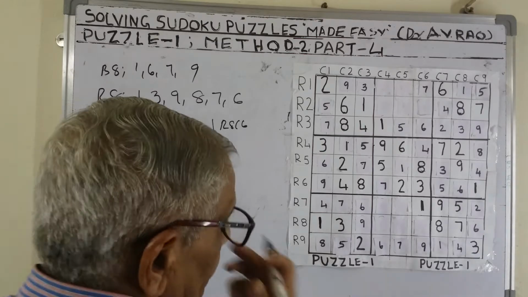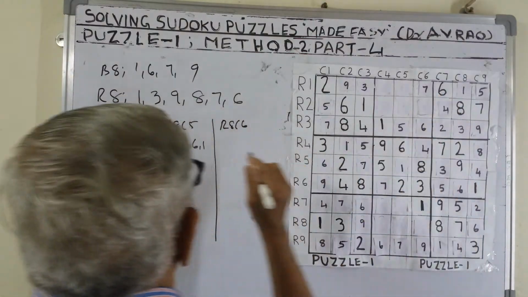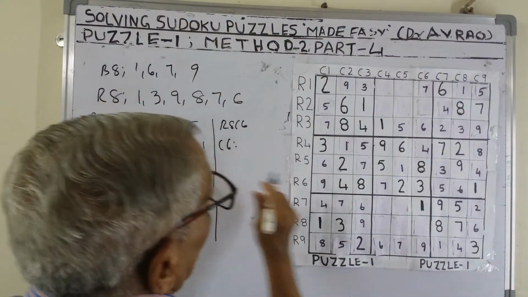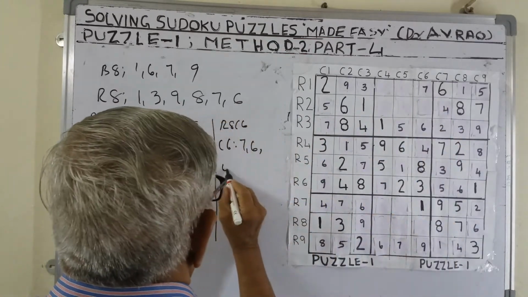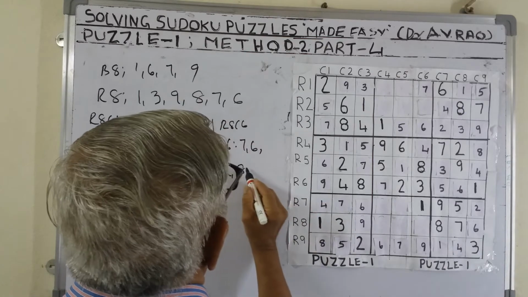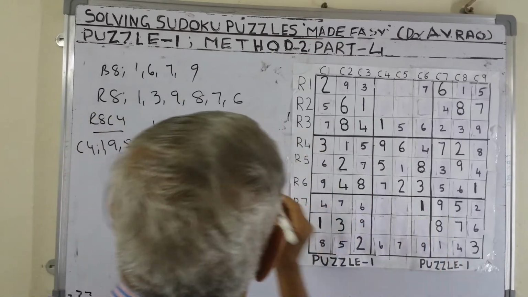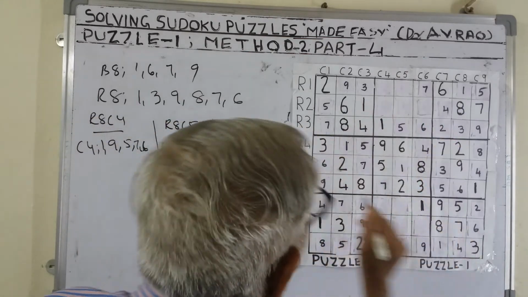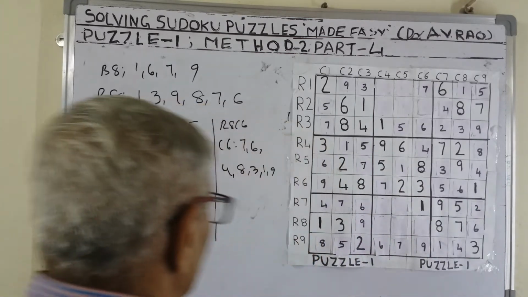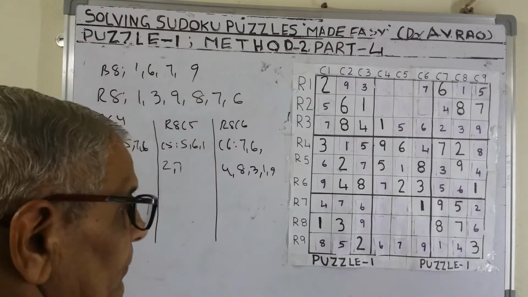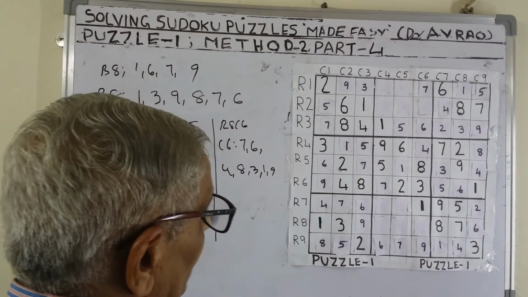Column C6: 7, 6, 4, 8, 3, 1 and 9. Friends, we have to complete the series from 1 to 9.